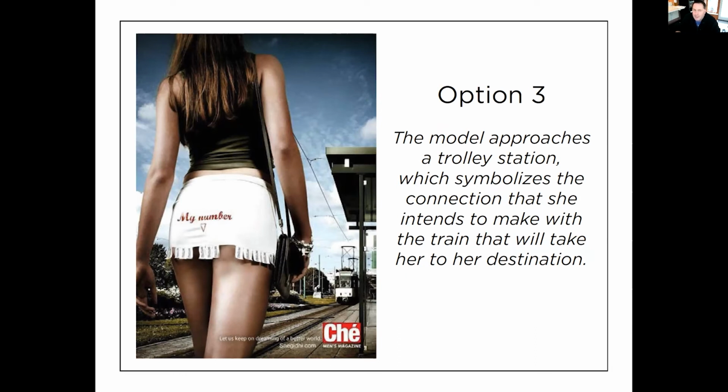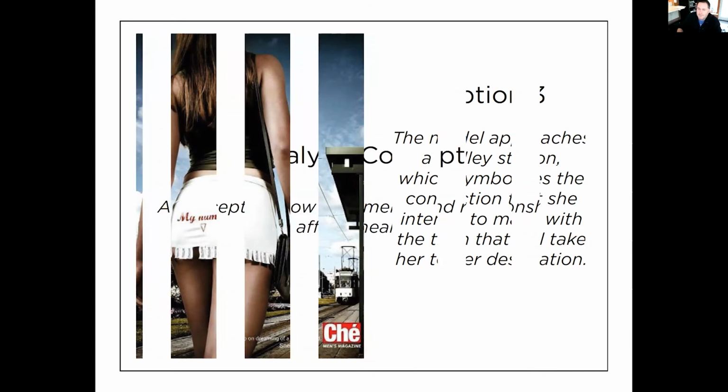I don't understand this ad. It is very unclear as far as what message is being provided. How does that relate to a men's magazine with a tagline, let's keep dreaming of a better world? You know, it could mean something very negative in this particular approach.